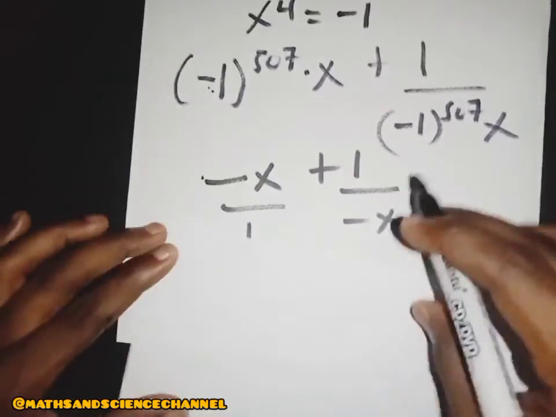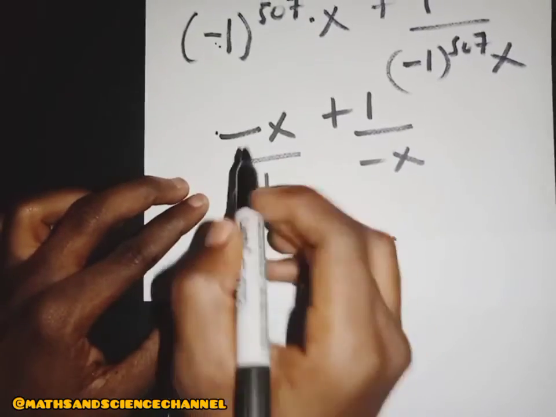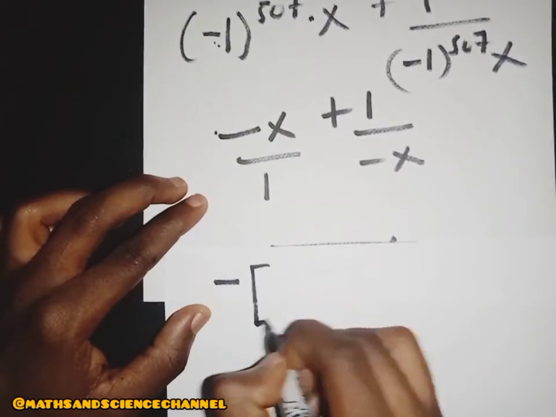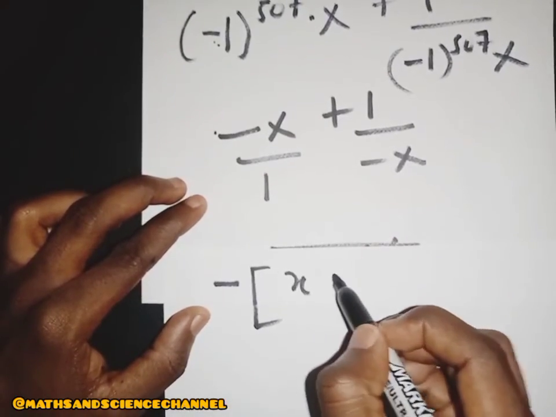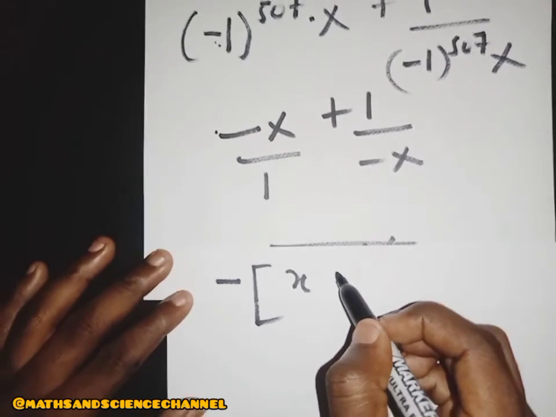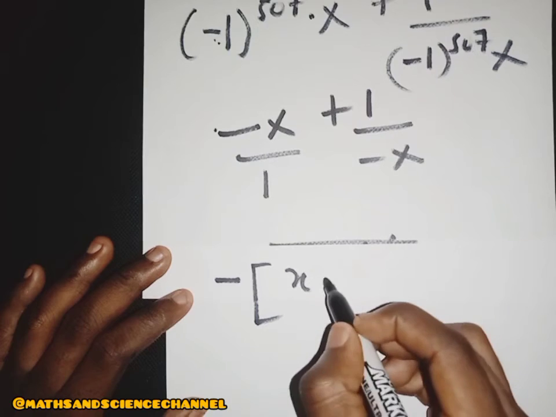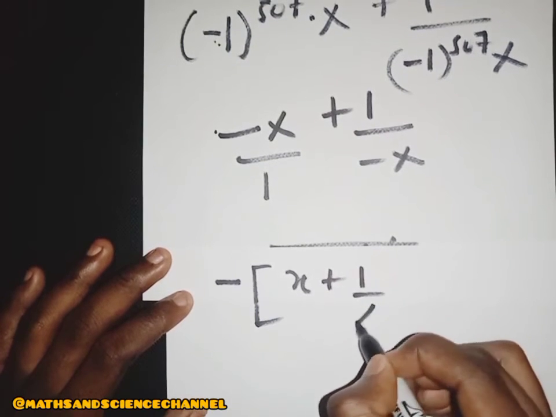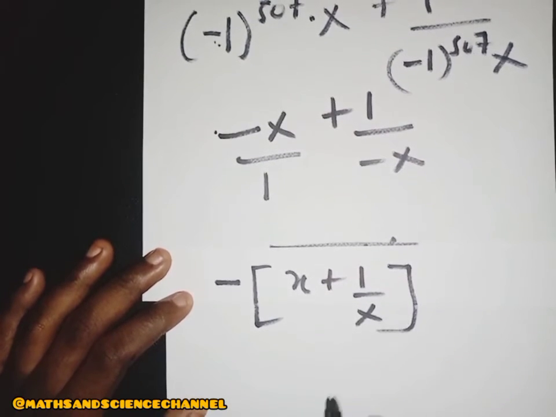So what we have here is negative, so let's take the negative out, and then we are just going to leave s here, and then we have plus 1 over s here in this case, right?